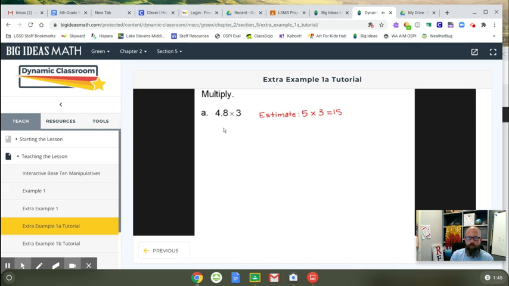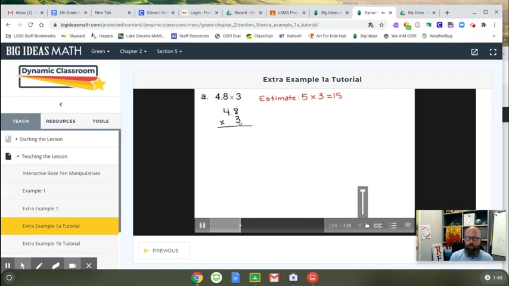So now let's multiply. We have 4 and 8/10 times 3. We'll multiply vertically. Remember to multiply as if we're multiplying 2 whole numbers. So it's as if we're multiplying 48 times 3. We'll take care of the decimal at the end of the problem.